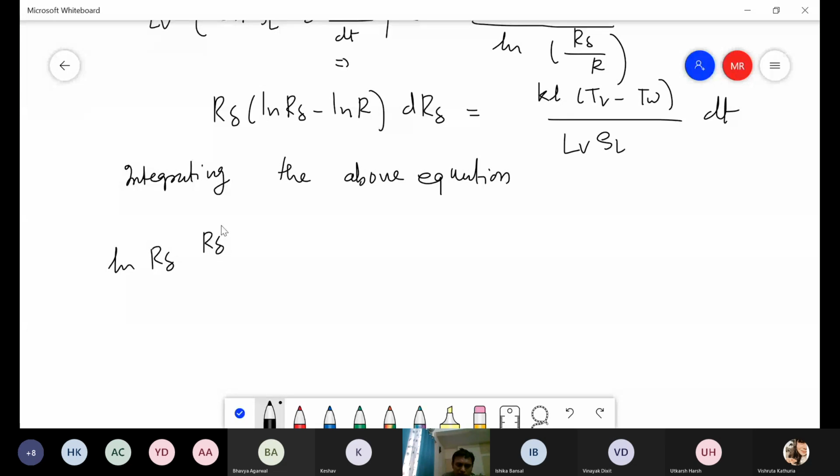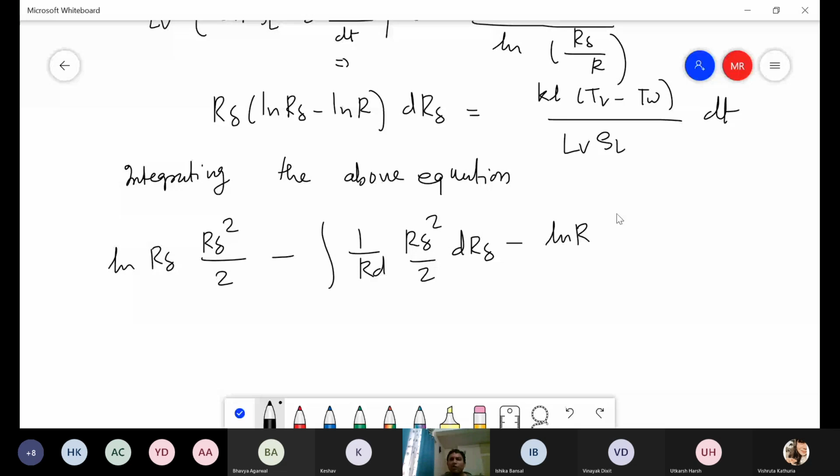This is the first term, minus 1 by r delta, which is the differentiation of this, into r delta square by 2 into d r delta. This equation comes out from the integration by parts, and the last term remains here. This last term is ln r, which is constant, so it remains as it is, and this r delta multiplied by ln r delta, so that becomes r delta square by 2. So this is going to be the integration of the left hand side.